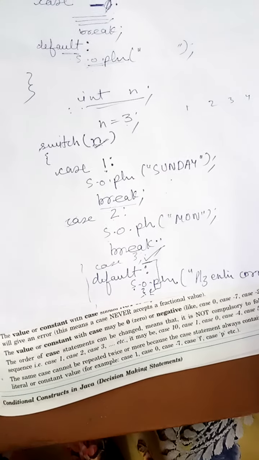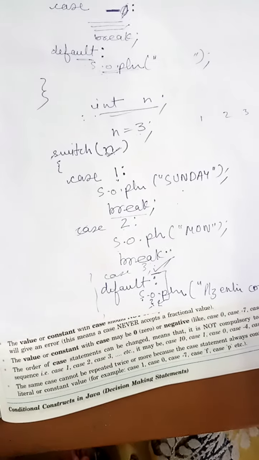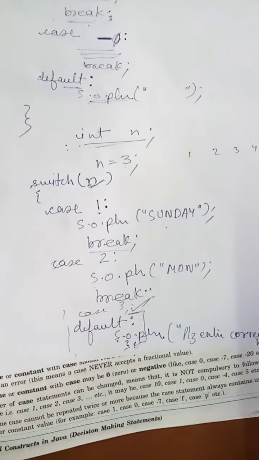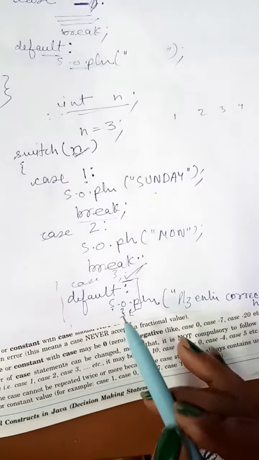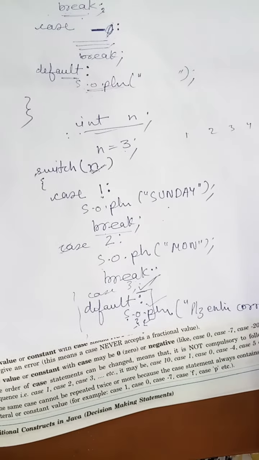Because of break we come out of the switch just after executing the particular case that matched. If none of the cases matches, we get the output "please enter correct day number", as default will get executed in that case. So this is all about the general syntax of switch.